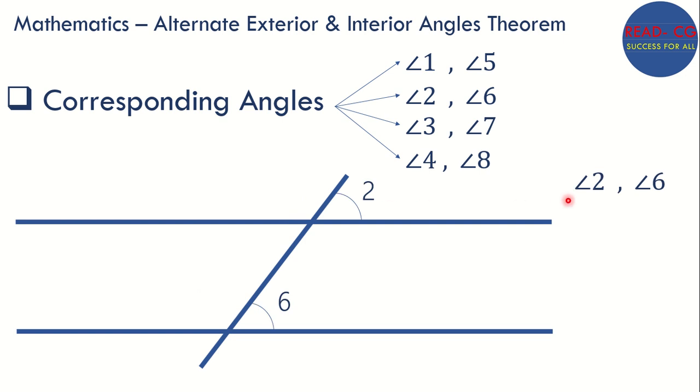Now here corresponding angles, that is angle 2 and angle 6, both are corresponding angles to each other.